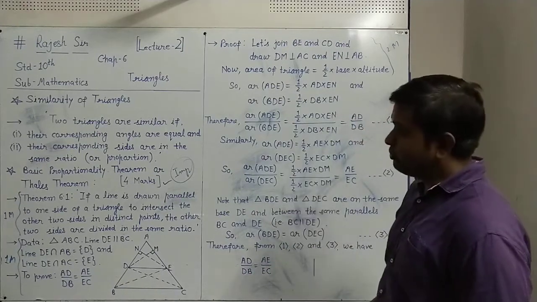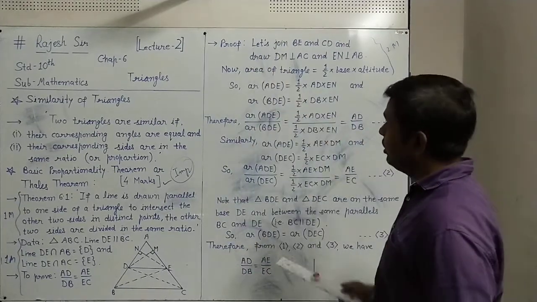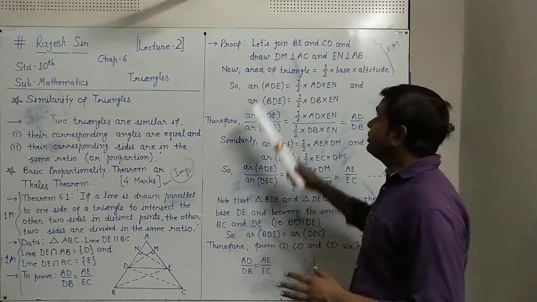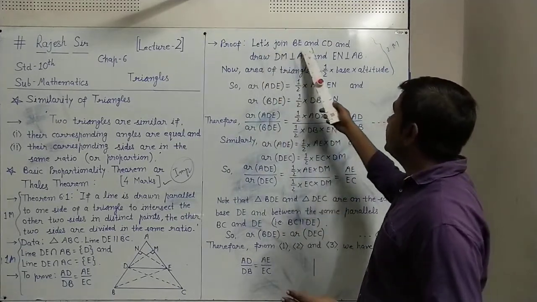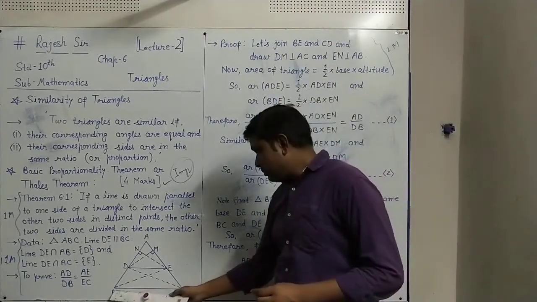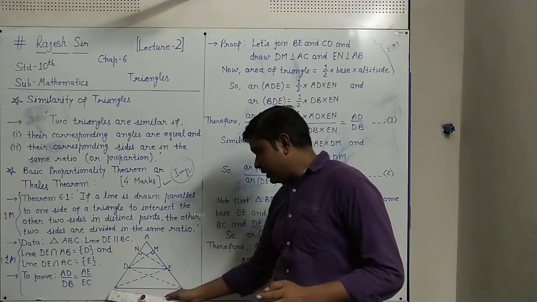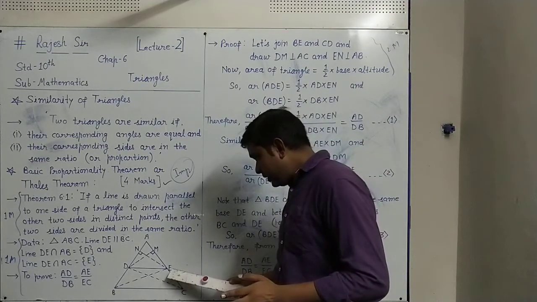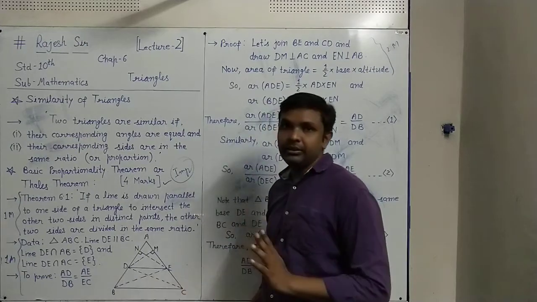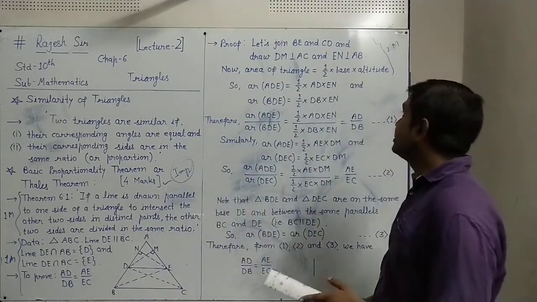Now to prove this, we have the proof here. First, let's join BE and CD, which we have shown by a broken line.